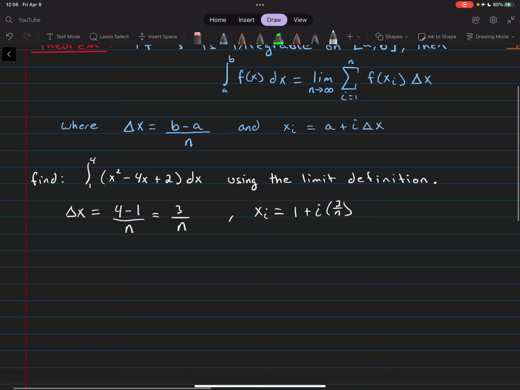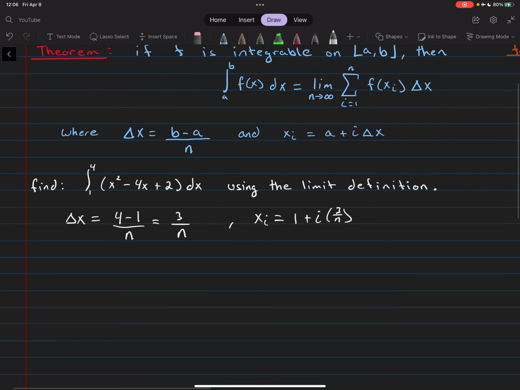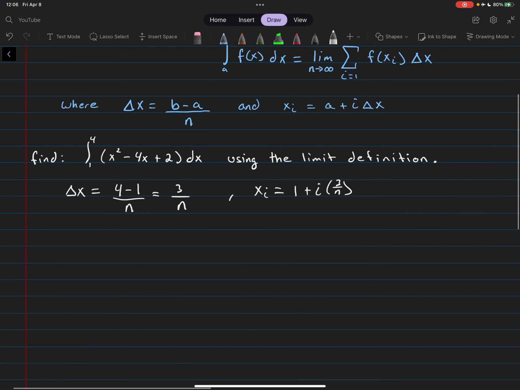Now, using this definition up here, you see this is a summation of f of x sub i times delta x. So we're going to plug this x sub i into our function, right? So essentially what we're doing is we have a function f of x.